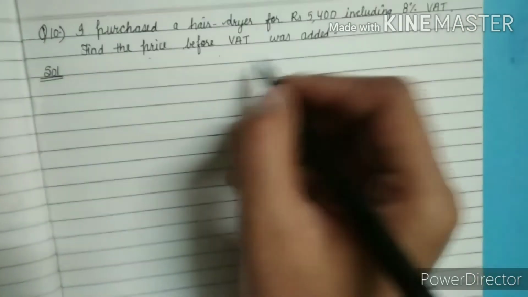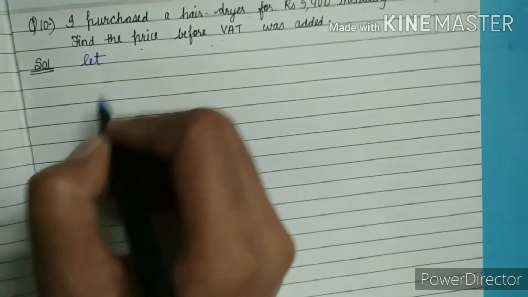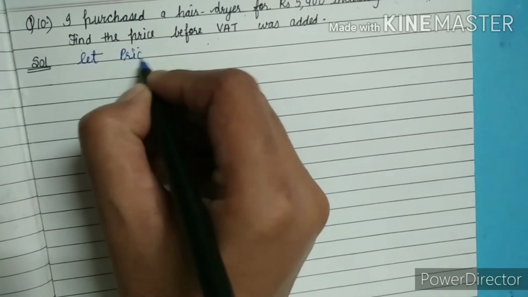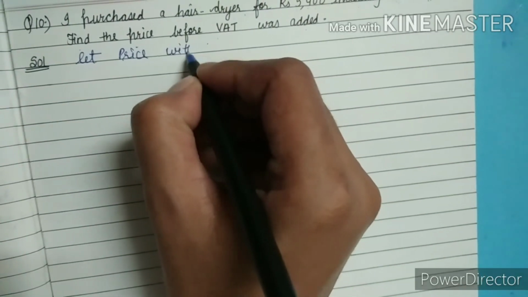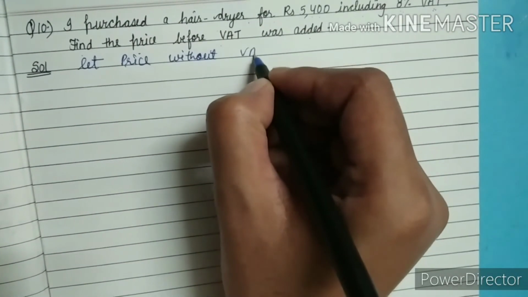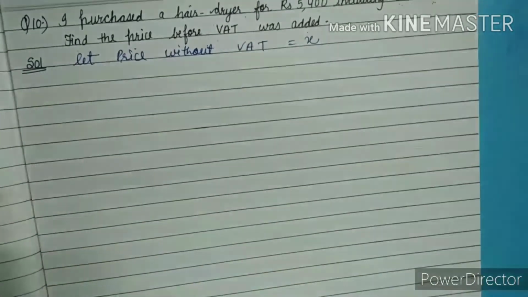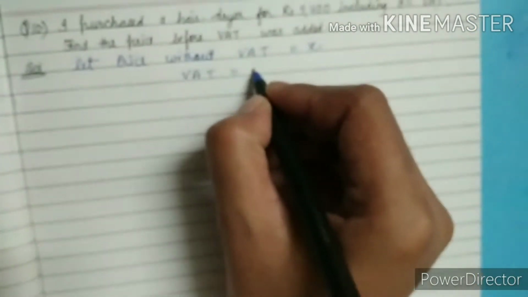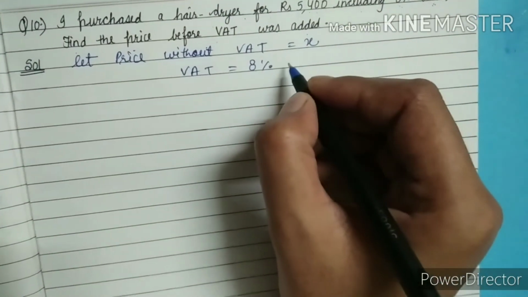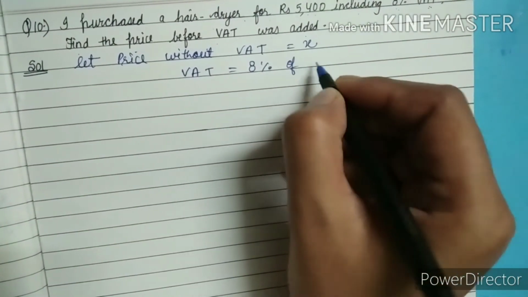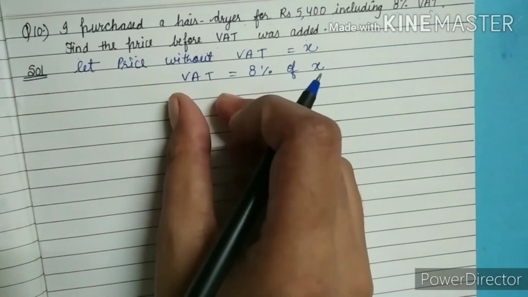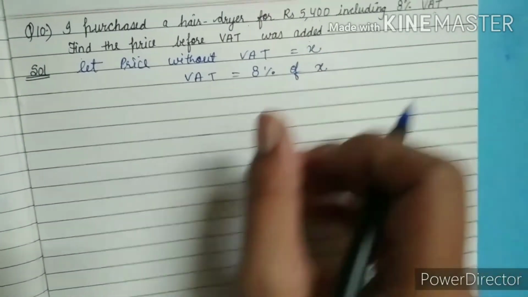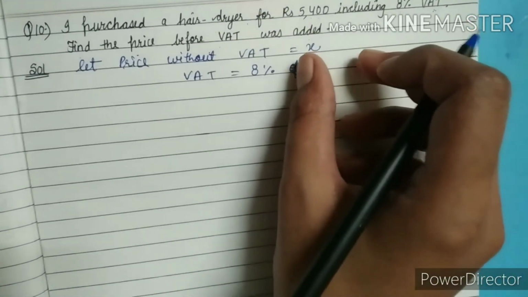So whatever we have to find, we will suppose. Let the price without VAT be x, and we know VAT is given as 8% of x, because VAT is included on the price without value added tax.